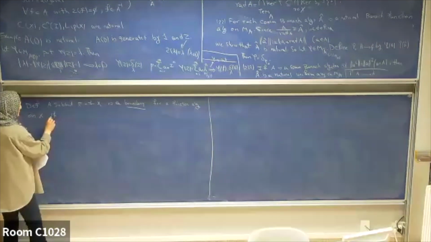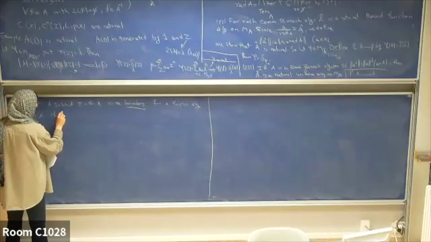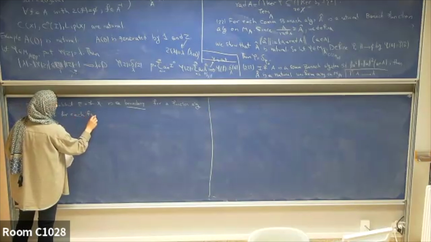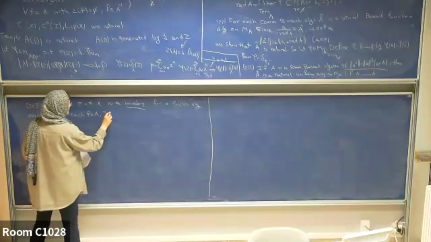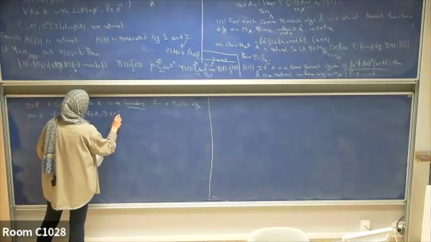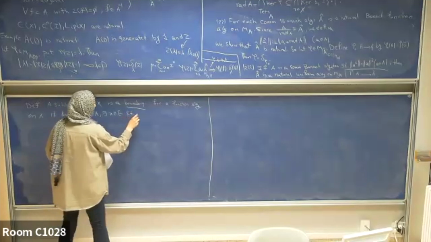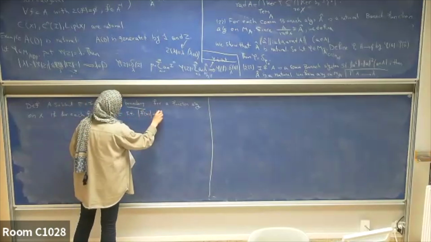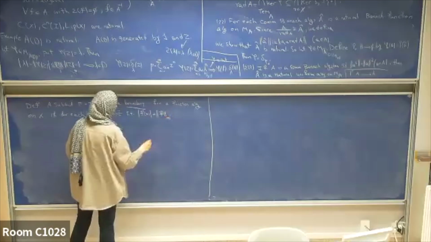In other words, if for each f in A, there exists x in E such that the absolute value of f of x is equal to the supremum norm of f.